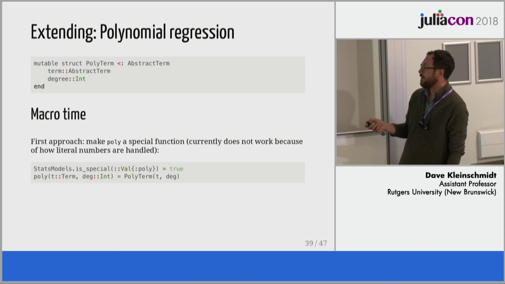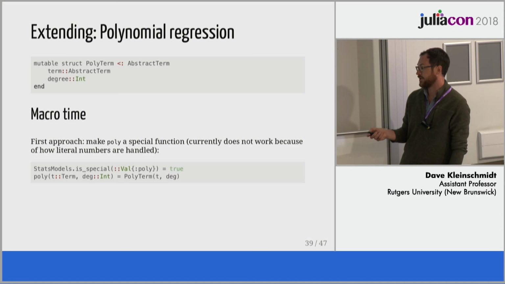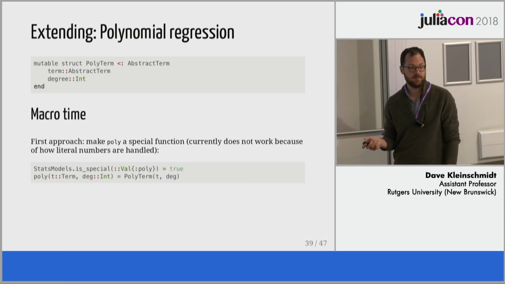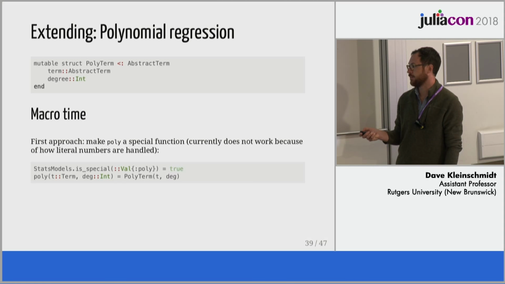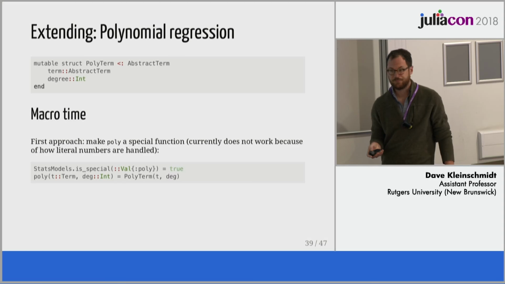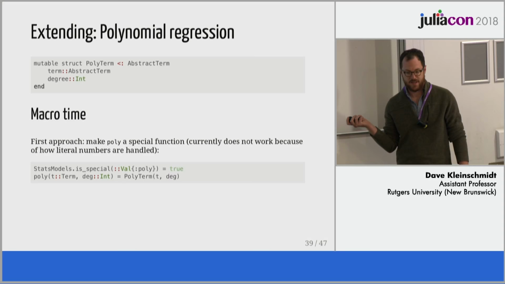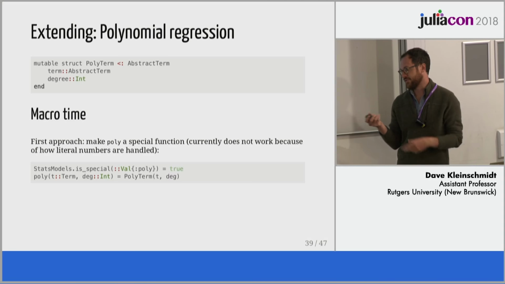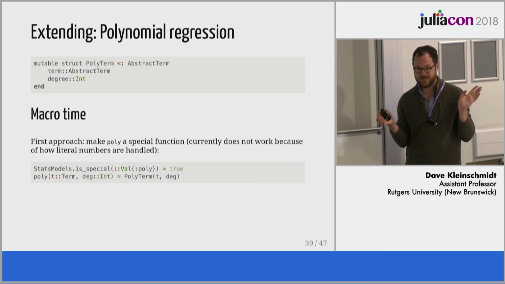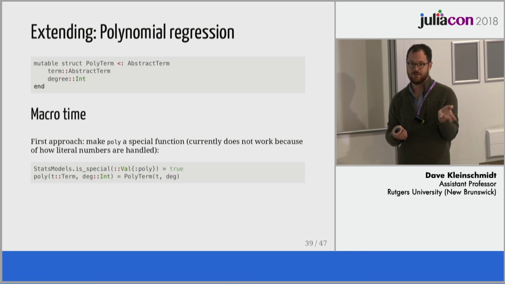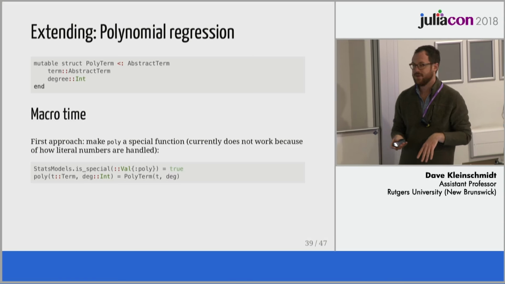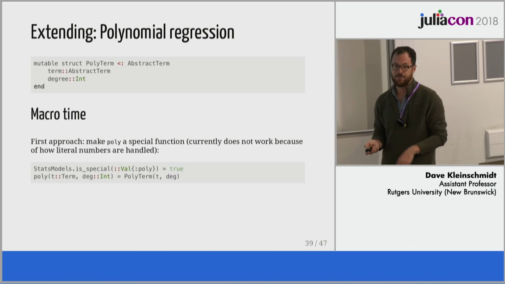And then you specify a method for your function that takes a term as an argument and generates your special term. Now, unfortunately, this doesn't work in my quickly hacked together version because of the way that numbers are handled in formula expressions, where I just assumed that any number you see is going to be an intercept term or a non-intercept term. That's fixable, but it doesn't work right now.